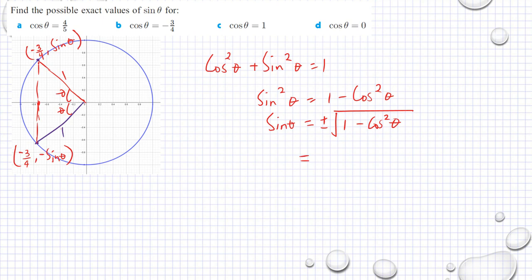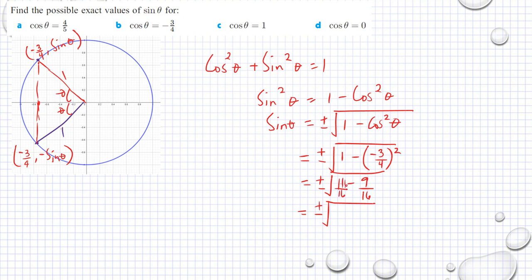Okay, so that means we have positive negative square root of 1 minus the square of negative 3/4. Then we have positive negative square root of 1 minus 9/16. Then we have 16 minus 9, because we have 16 there, 16.